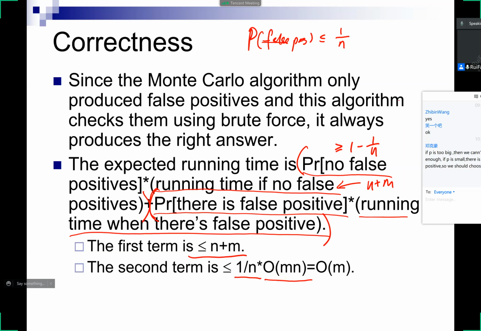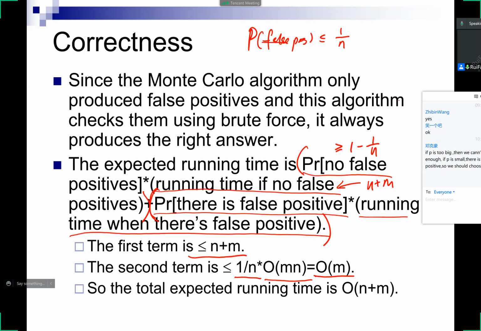So the second term is going to be at most order m. And so the total expected running time is just the sum of these two terms, which is m plus n.